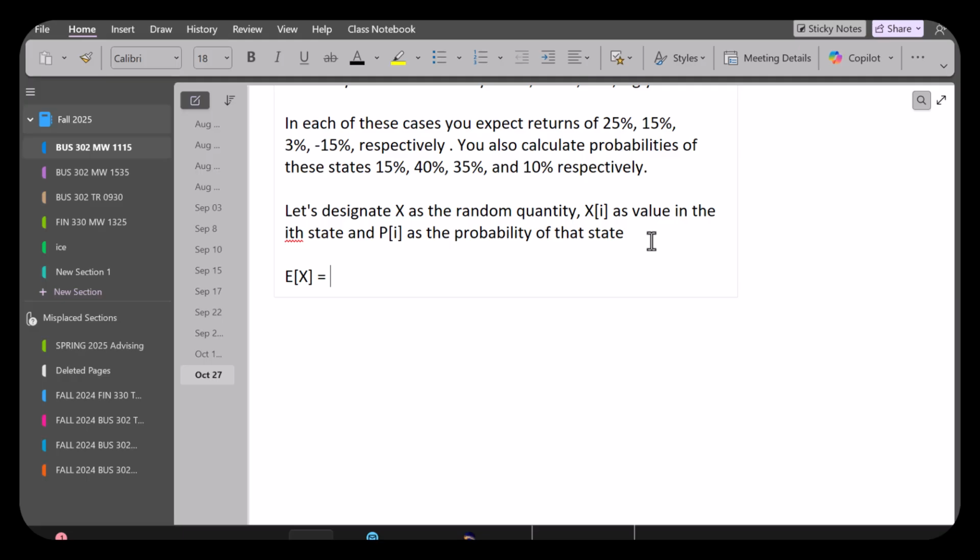I mean, we're going to do an Excel template for this, but I just want you to see where it comes from first. P1 times X1 plus P2 times X2 plus, and so on.